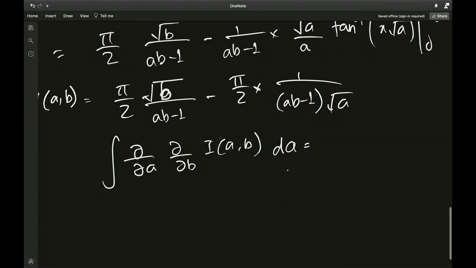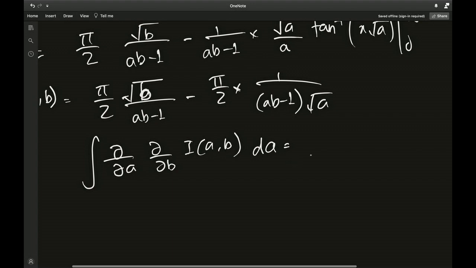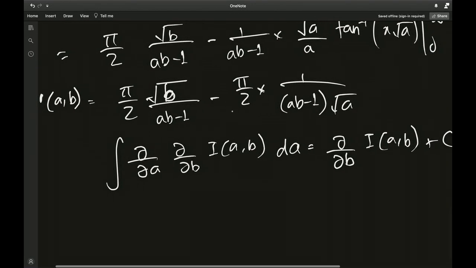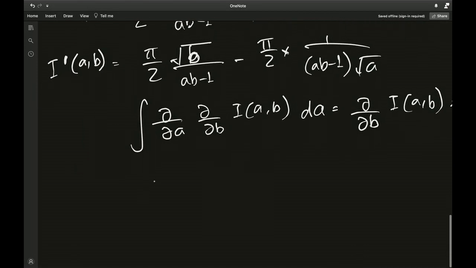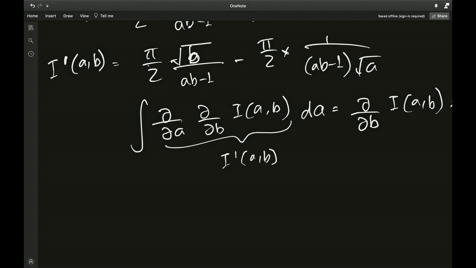And by the fundamental theorem of calculus, again with multivariable functions, the derivative with respect to a will basically just cancel off with this antiderivative. We have derivative with respect to b of I of ab plus some constant. Okay, so let's look at this guy first. This was anyway I prime of ab, so we need to integrate this with respect to a first. Let's do that on a fresh page.